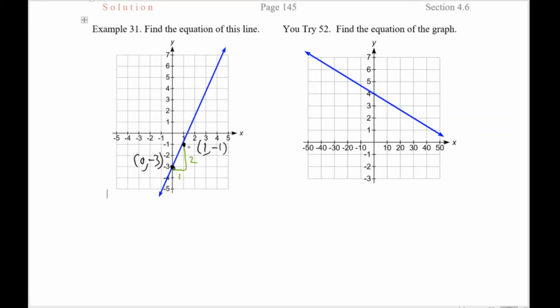And now let's find a second point just to check ourselves. As I go over 1, I rise 1, 2. And it looks like this point right here is not actually on the line. So by checking this, I can see that this line is slightly higher than this point 1, -1.